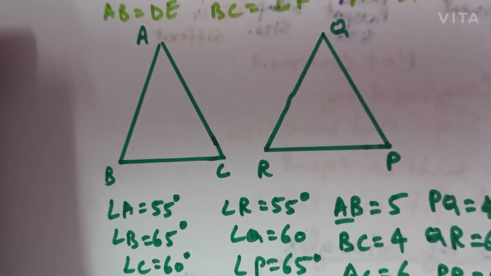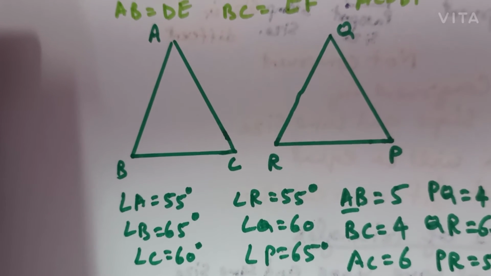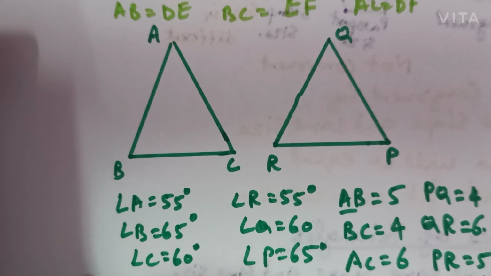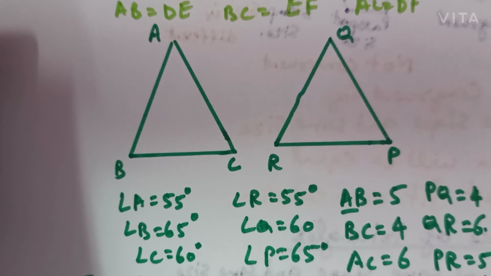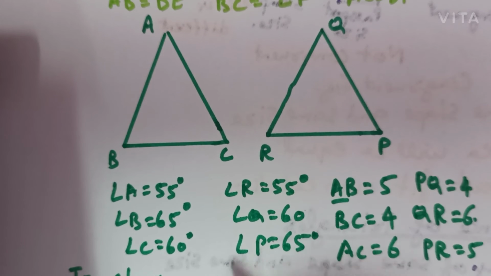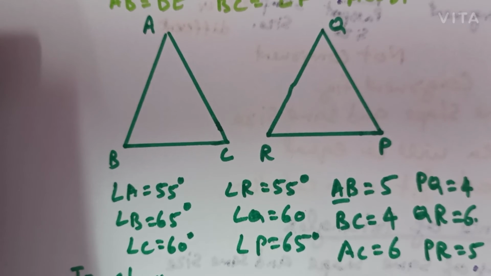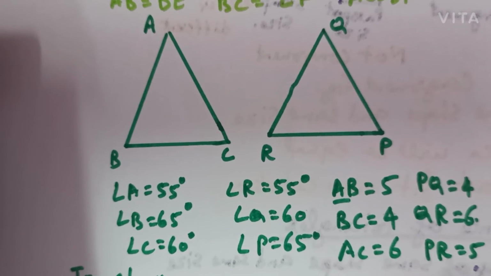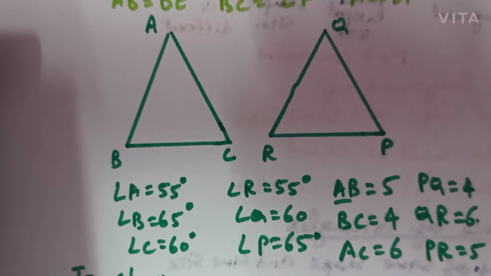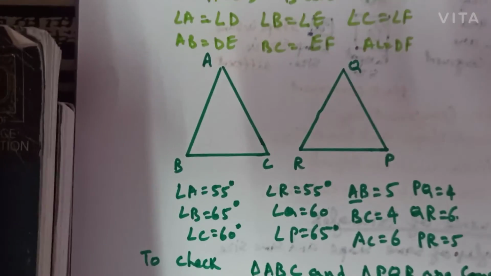So we need to check whether these two triangles, triangle ABC and triangle PQR, are congruent or not. We need to check the congruency of these two triangles. So how can we check this?